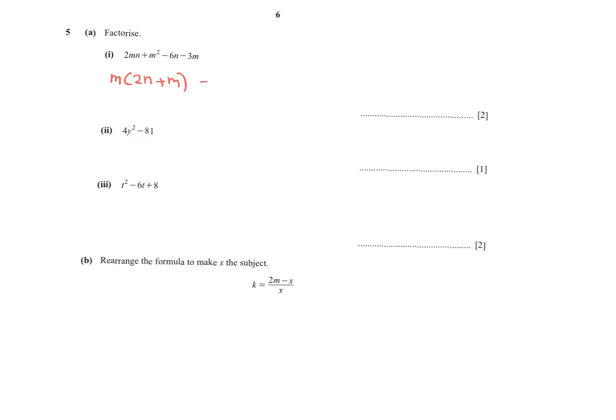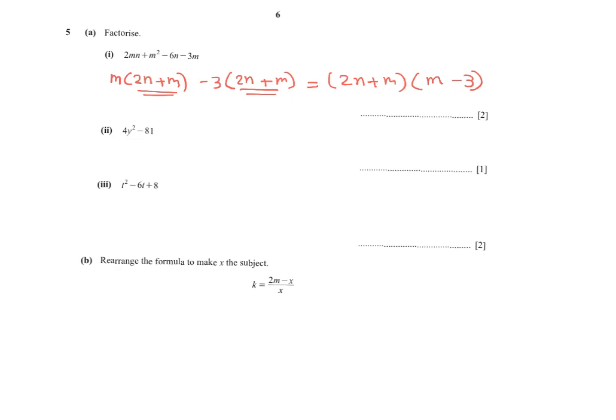Negative 6n divided by negative 3, you get 2n. Negative 3m divided by negative 3, you get m. So you have this bracket common. Now you can take 2n plus m as common factor, then you have m minus 3.